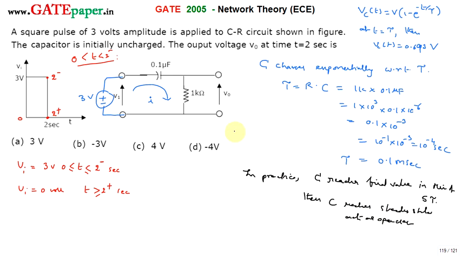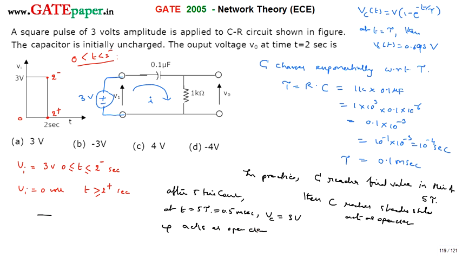The time constant is 0.1 milliseconds, so at t equal to 5 tau, which means 0.5 milliseconds, the capacitor voltage will be equal to 3 volts. It will reach 3 volts and act as an open circuit.